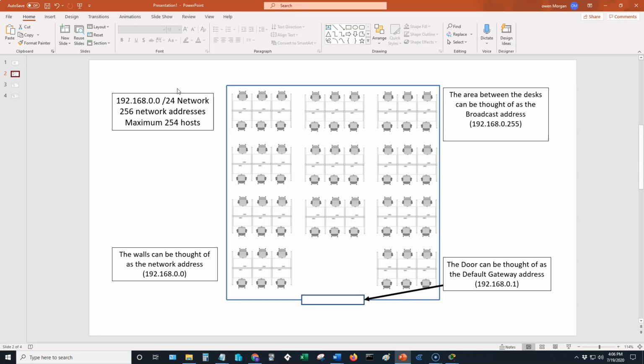So in our /24 network, we're going to have 254 hosts. The network address starts off with the first address, this being the .0 host portion. The broadcast is the last portion, the .255 for the host portion, and then the gateway is the .1 portion. Let's go on to the next slide.